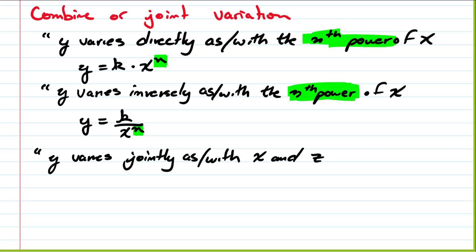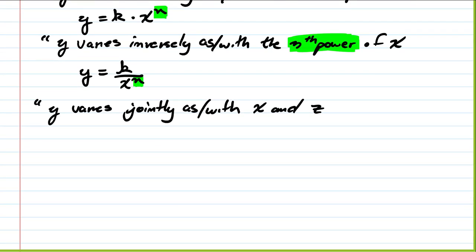So if we're not given any other modifiers, when we're told jointly with nothing else, we assume that it is actually directly with both of those variables. So then our equation would be y equals k times x times z. So we're now familiar with several different types of variation. We can combine all of the different types of variation together in one problem.